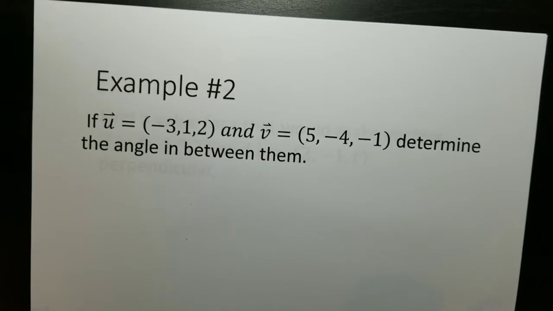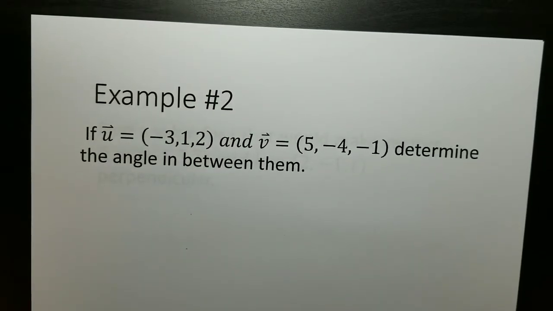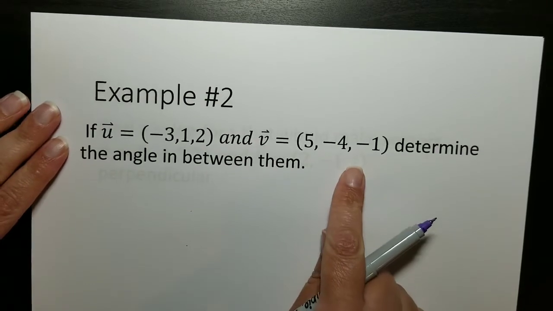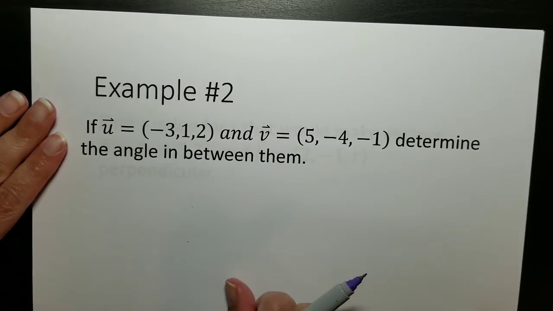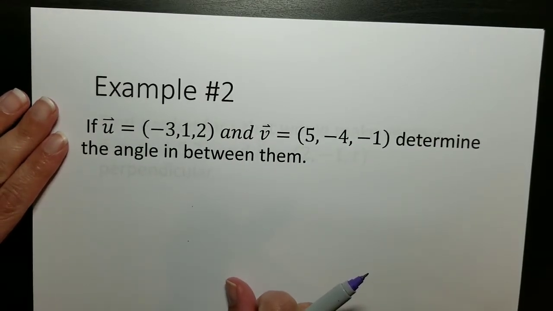So the next example is very similar, but it doesn't break it down into steps like the first one. Sometimes they'll ask you for the dot product first and then ask for the angle between, but more often you will see just find the angle between two vectors, and you need to know that that's going to be a dot product question.